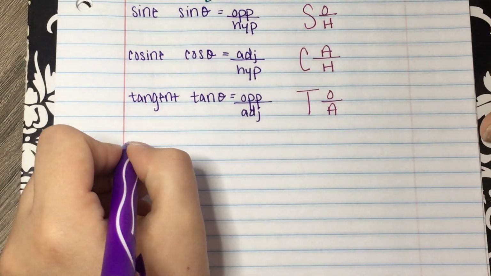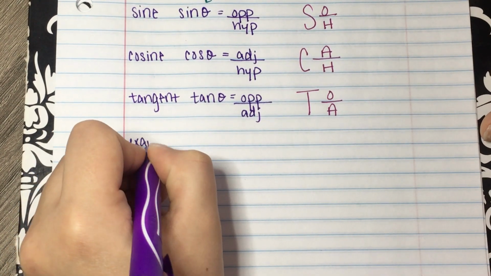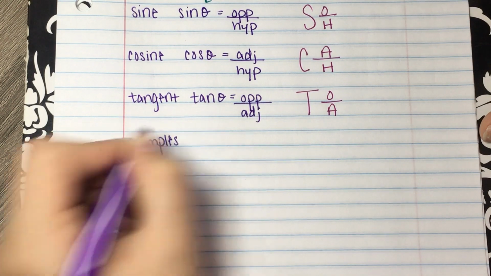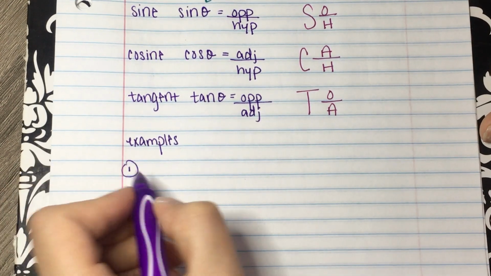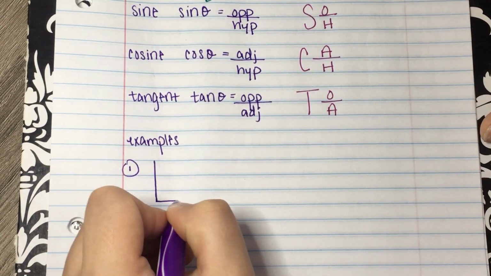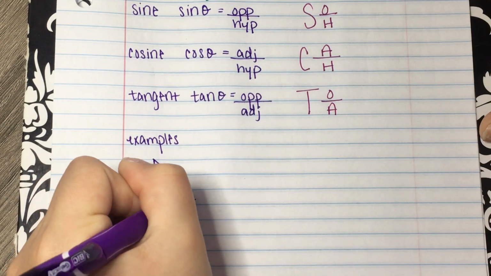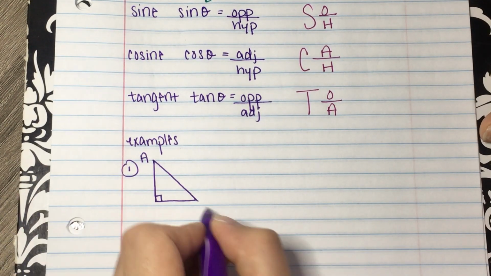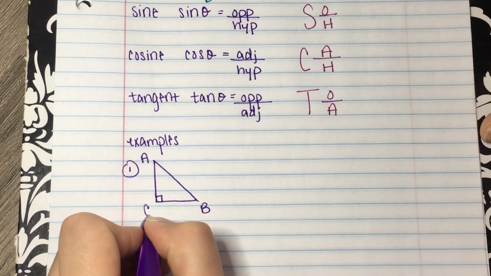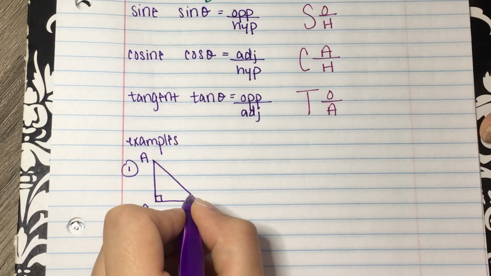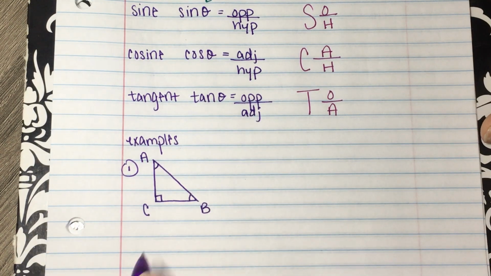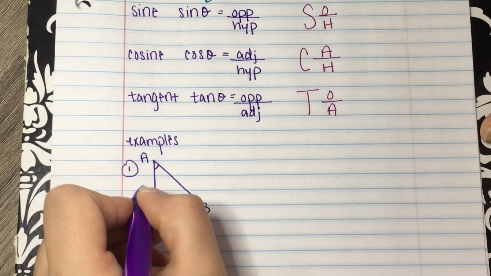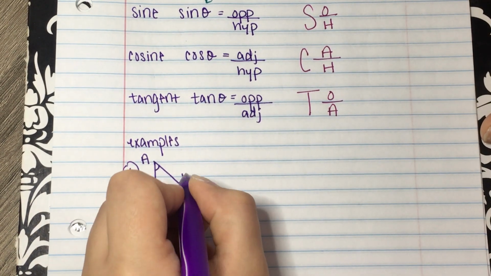All right, here we are. We're going to take a look at an example. I'll draw the triangle for us first, and then I'll tell you what we're solving for. All right, so here's a triangle. I'm going to label this angle A, this one B. We'll label this one C. This is side length 12, this is side length 9, and then 15.